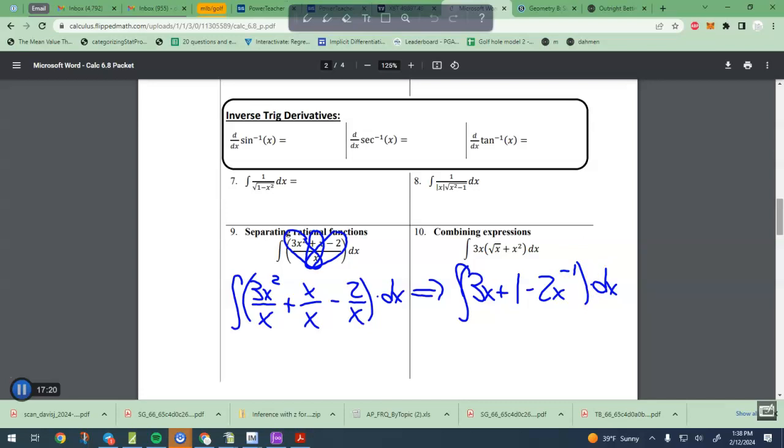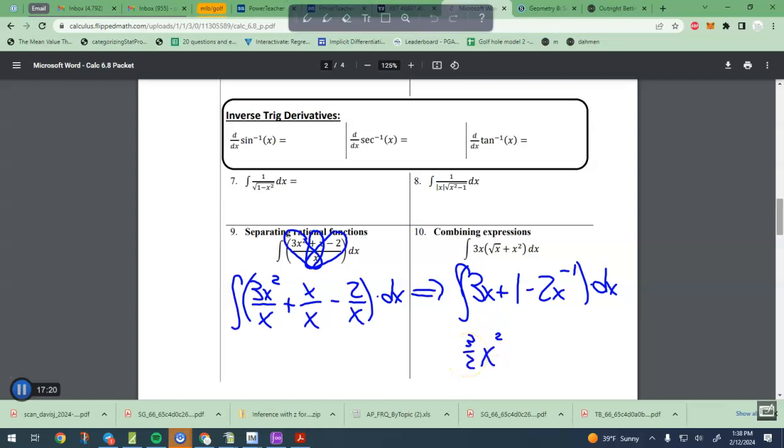And then you just do it like a normal integral. But I'm trying to emphasize this part here. If you have a bunch of stuff on top and one thing on the bottom, you can just divide all those things by that. I'm sorry, it works if there's more than one thing on the bottom, it's just not helpful. It doesn't do anything. So now I integrate this. Add 1 to the power, divide by the new power. That's 3x squared.